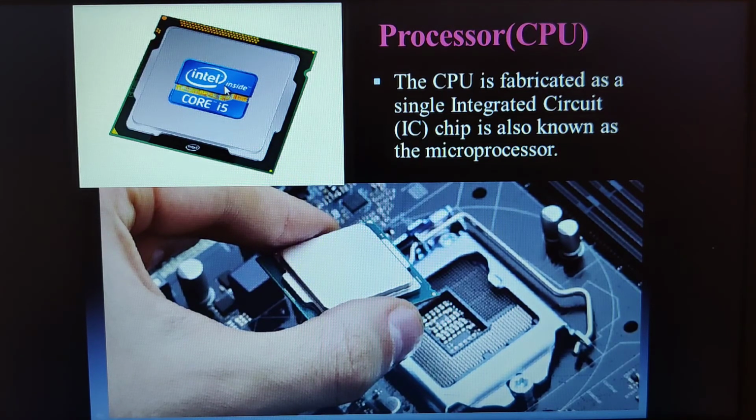This is a tiny chip that contains the entire computation engine. Whatever calculations or operations you provide to the CPU, it will process the data accordingly. This microprocessor is plugged into the motherboard in the CPU socket.